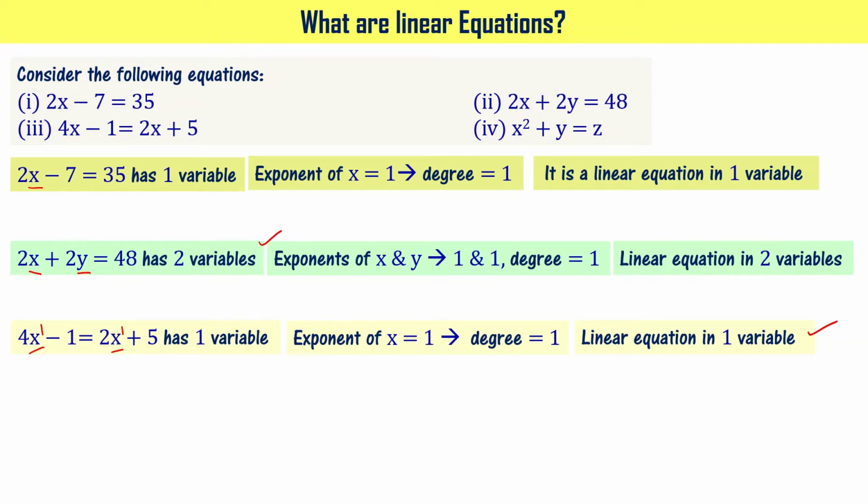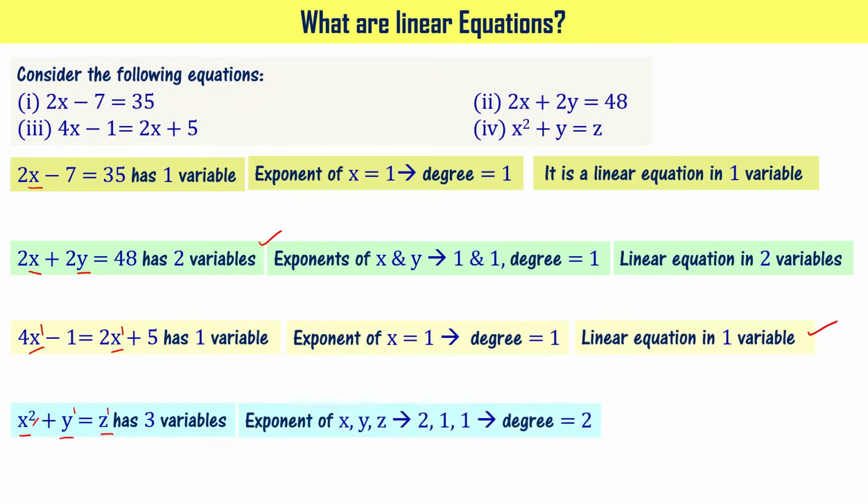Let us consider the last equation given, that is x square plus y equal to z. This has got three variables. One is x, other is y, and other one is z, right? It has got three variables, and if you observe the exponents, x has got power 2, y has got only 1, and z has got only 1 as the power, right?